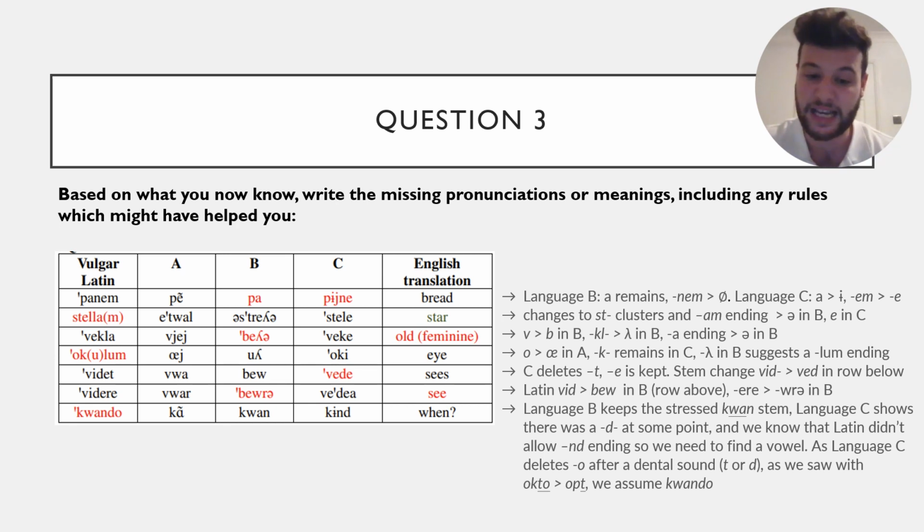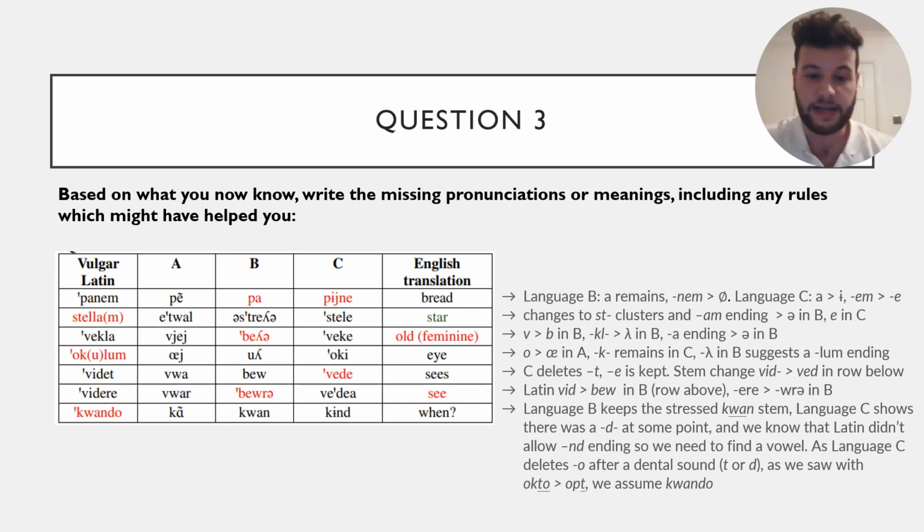So here we can see that the videre in the row underneath becomes veda in language C. So we know this e became e at some point. So therefore the videt become vede. We know that the t at the end is normally deleted in language C. So we've got a combination, the stem change, vid to ved, and we know that language C loses the T.